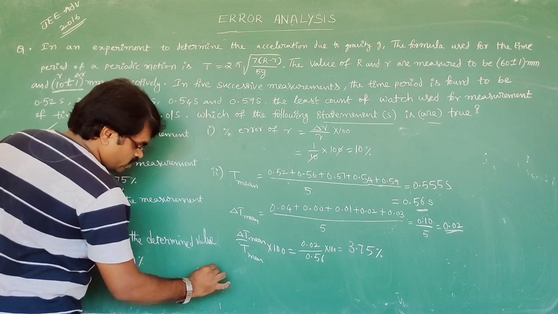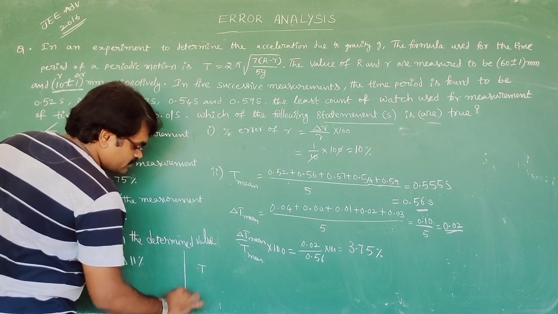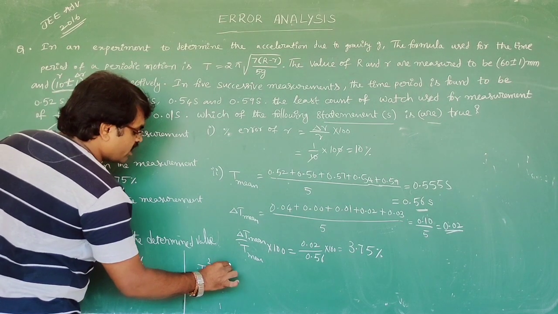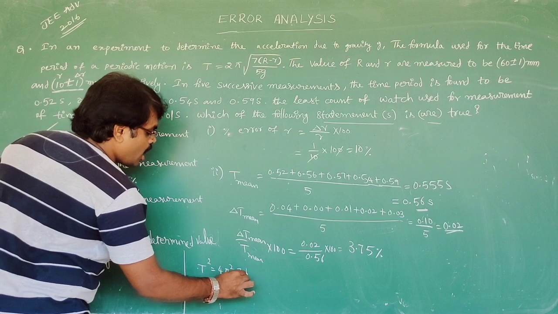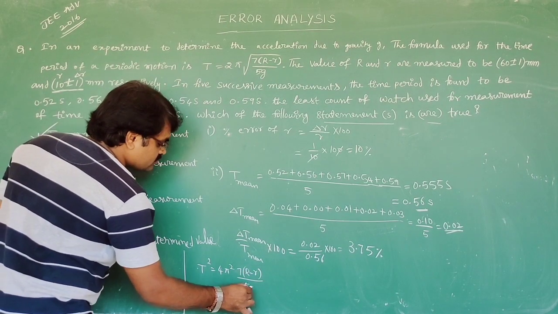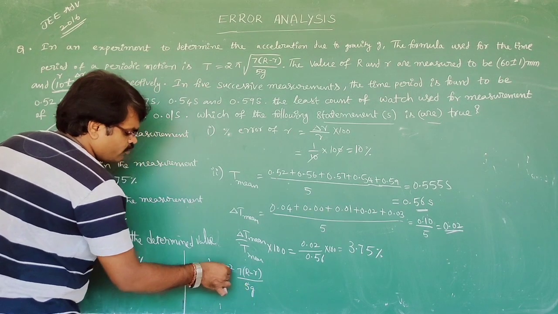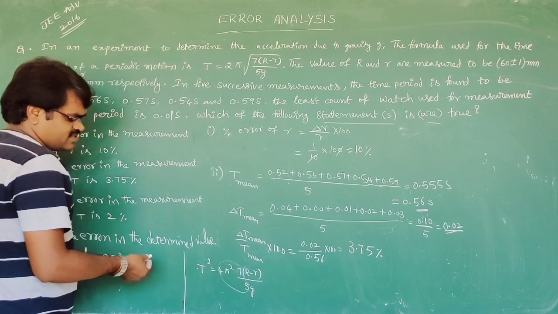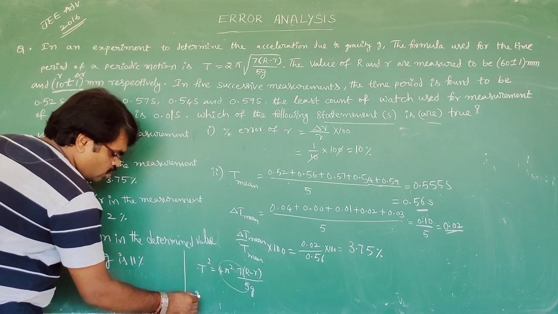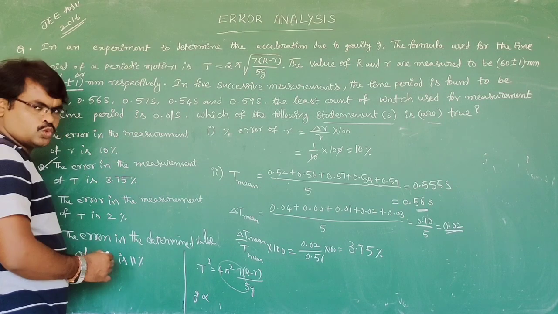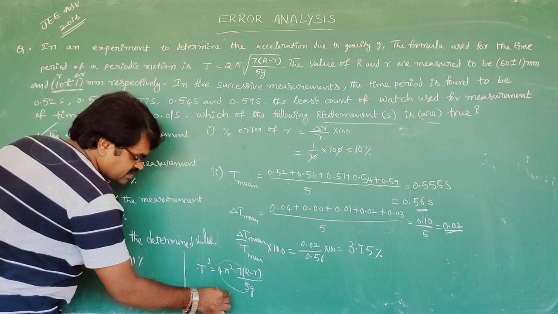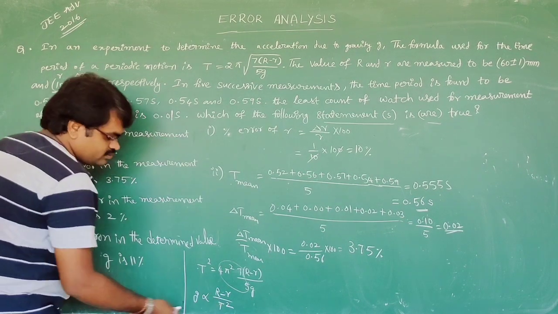Squaring on both sides, we get T square equal to 4 pi square times 7 (R minus r) by 5 g. Since 5, 7 and 4 pi square are constants, g is proportional to (R minus r) by T square.